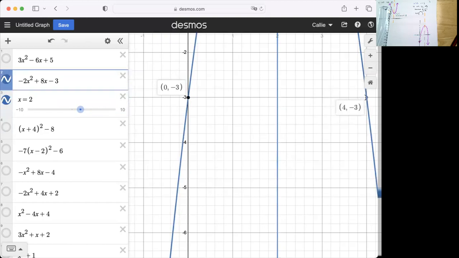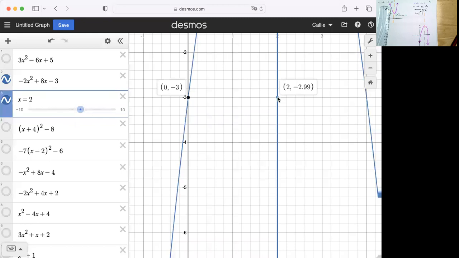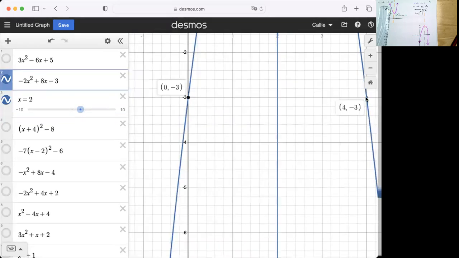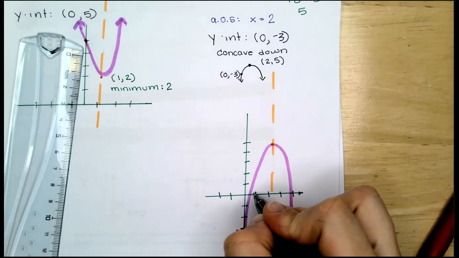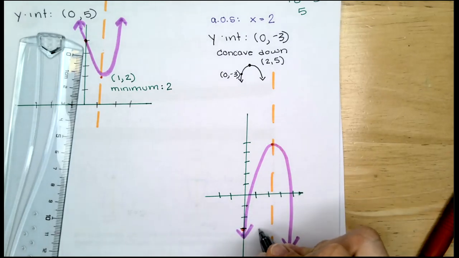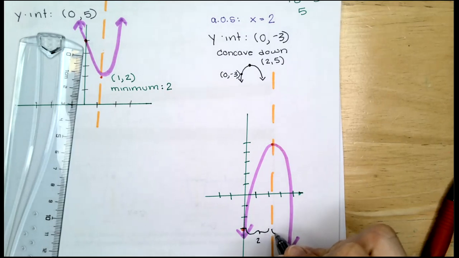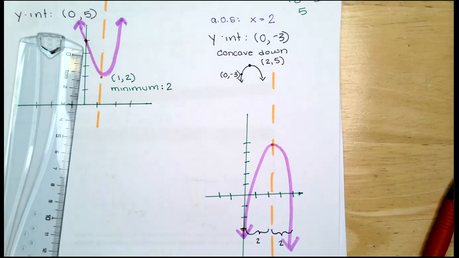So this should be the point 4, negative 3 because 0, negative 3 is 2 units to the left of 2, negative 3, and then 2 units to the right of 2, negative 3 is 4, negative 3. So that's just what it means by axis of symmetry. This distance is 2 units, and then this distance, even though my graph's not good, is also 2 units. So those are the same distance.